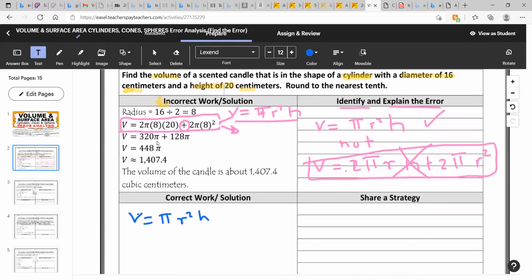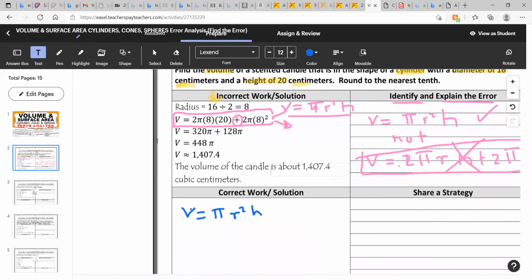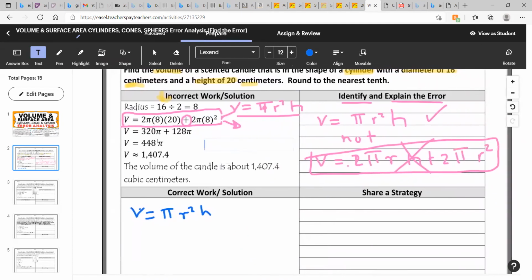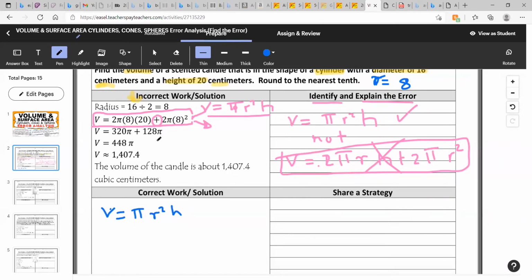We know the diameter of the cylinder is 16, but we don't need the diameter, we need the radius. If the diameter is 16, the radius is half of the diameter, so the radius will be 8. And we know our height is 20.